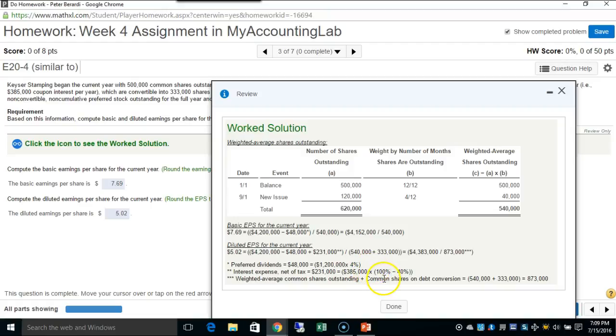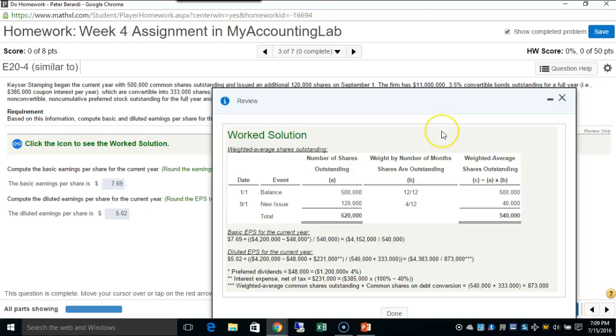The $385,000 times 100 minus the tax rate of 40%. Therefore, what we're really saving is not the full $385,000. We're saving 60% of that, because only 60% of the $385,000 gets added back to net income. 40% is deductible interest on our tax return, so essentially we get a tax benefit with the 40%.